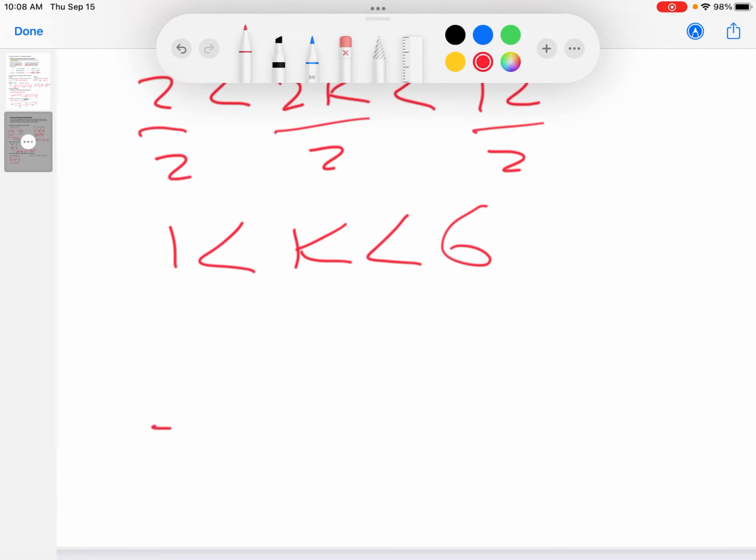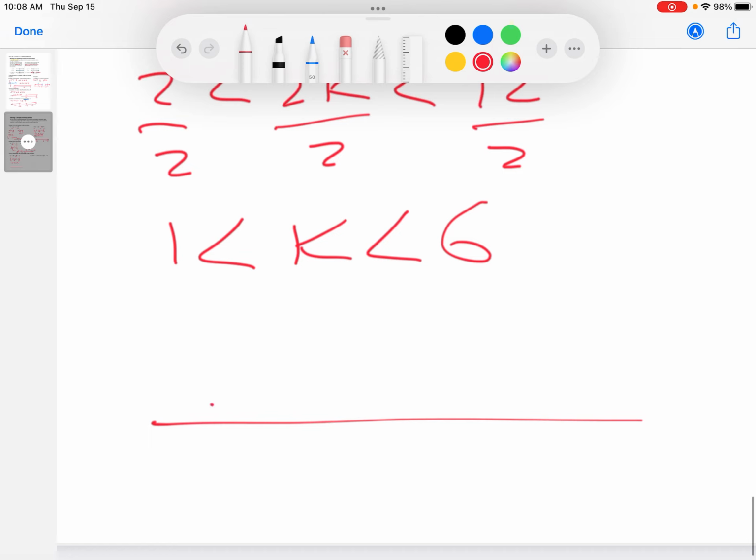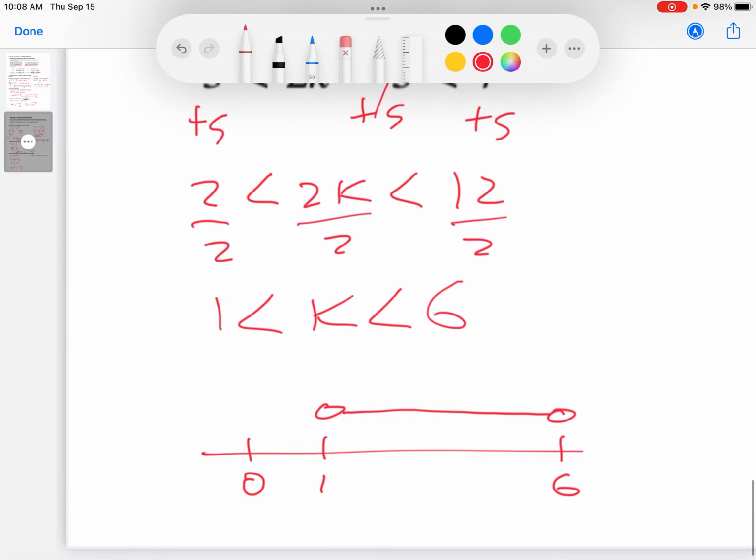Okay, and we're back. Hopefully you noticed in that one that you do not need to flip the sign because you did not divide by a negative. Final answer should be that.